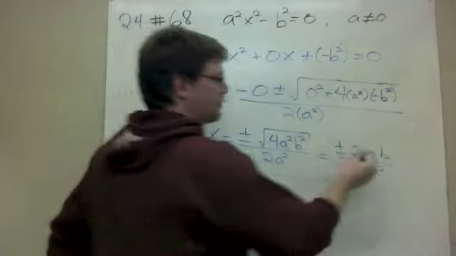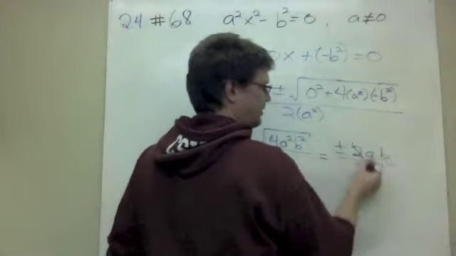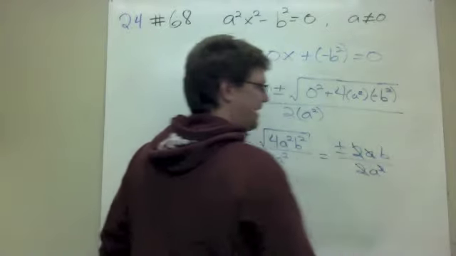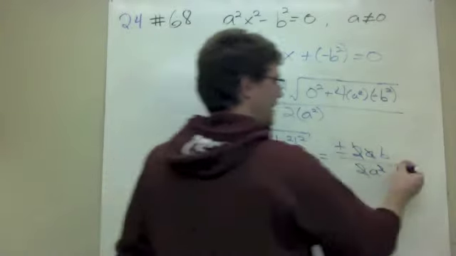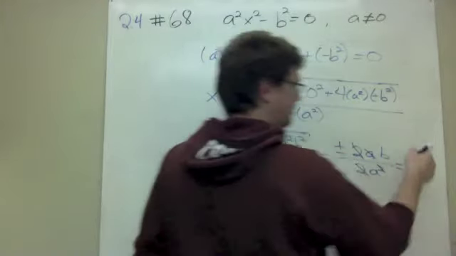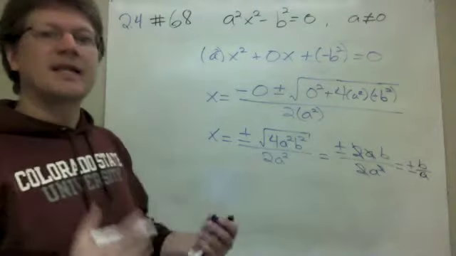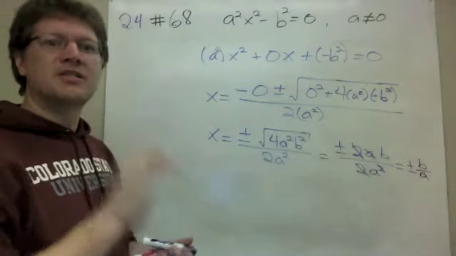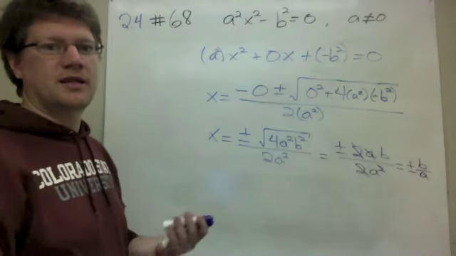So multiplication and division play nice. This 2 will cancel out with that 2, and this a will cancel out with one of these a's on the bottom. So our options are plus b over a or minus b over a, which is again exactly what we got last time around. So the method shouldn't change the results, one of the truths in mathematics.